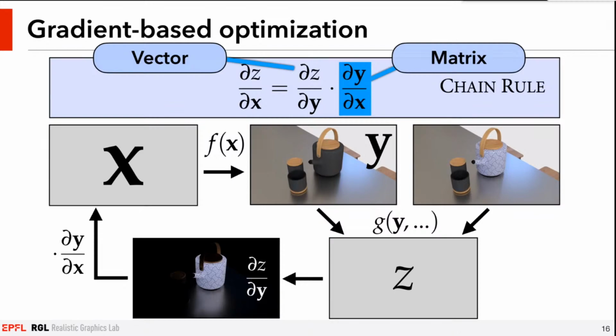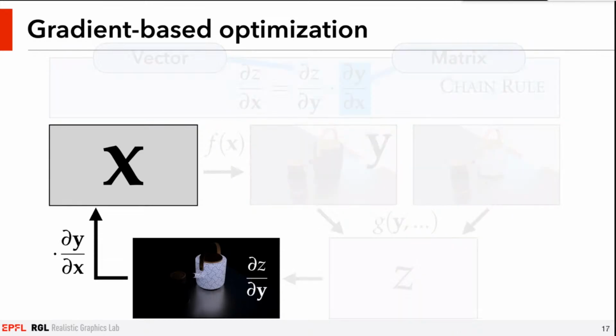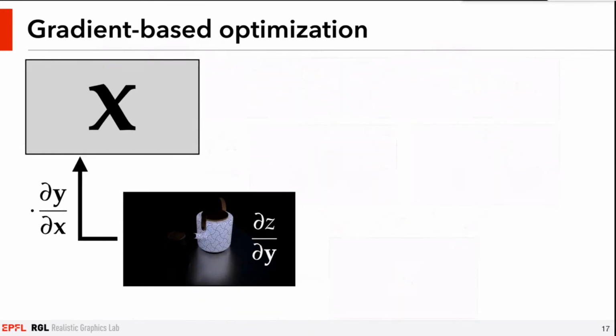And so this is really the main complicated part. So let's forget about everything else and just focus on how we can take these derivatives that we have in image space and convert them into something that can be applied to the scene parameters. And this, by the way, is what the image looks like. So you can see we want to change the pattern on the teapot into this swirly pattern, and that also shows up in this difference image.